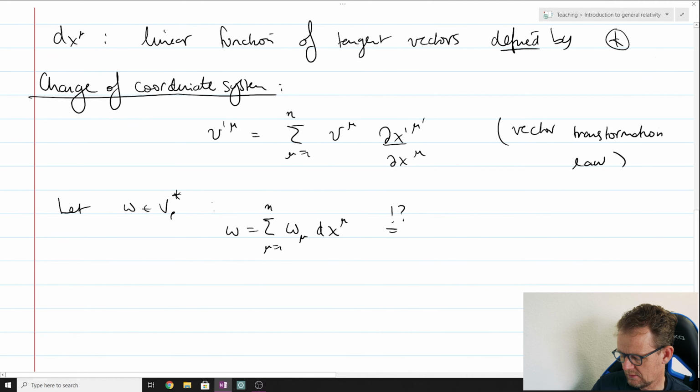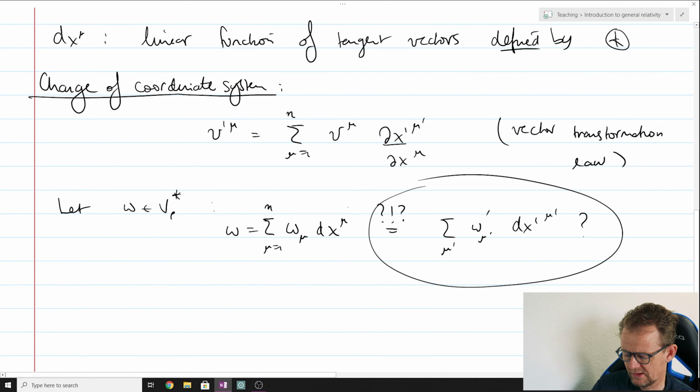Now, how does that omega look in terms of the basis vectors induced by the change of coordinate chart? So we want to understand how to calculate omega prime mu prime. How does that look?